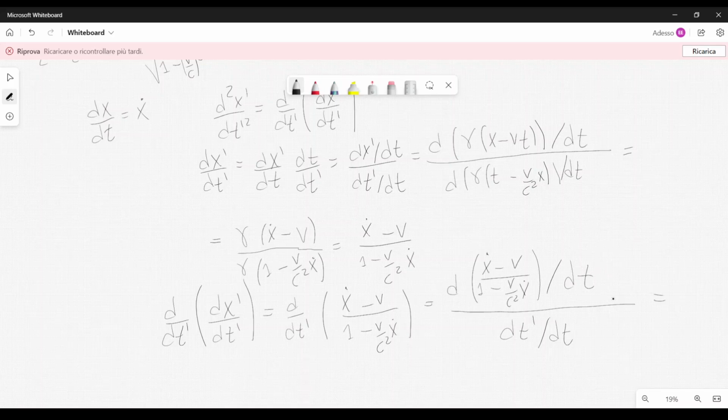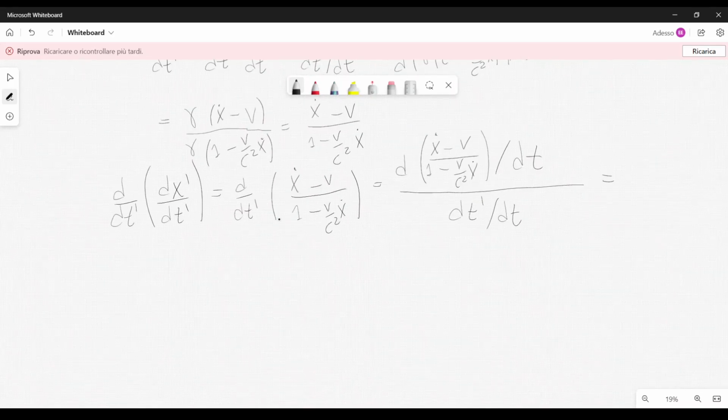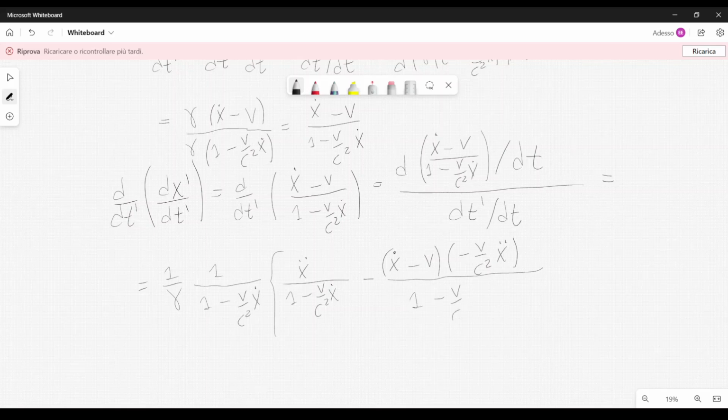So this is equal to, let's do it, we have 1 over gamma, 1 over 1 minus v over c squared x dot, and then here we have x double dot over 1 minus v over c squared x dot, like this, minus x dot minus v times minus v over c squared x double dot, and then divided by 1 minus v over c squared x dot squared.